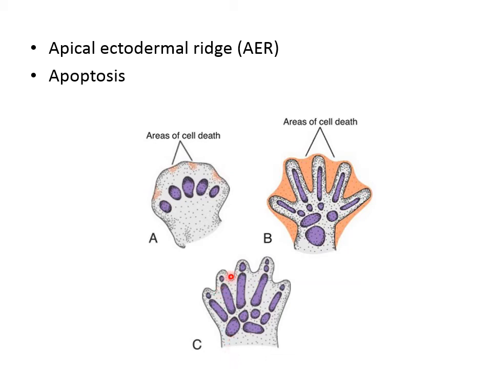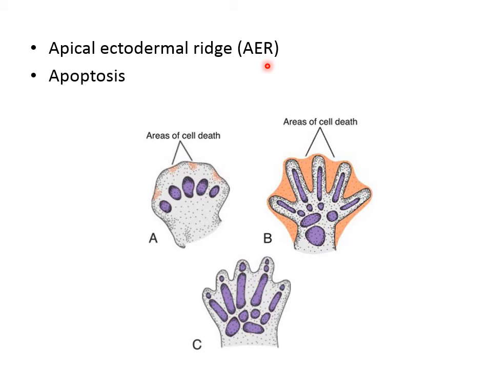you'll see the digit separation is complete. We have these metacarpals and the phalanges, and the digit separation is complete. This is at 56 days embryo. So this separation is induced by the apical epidermal ridge.